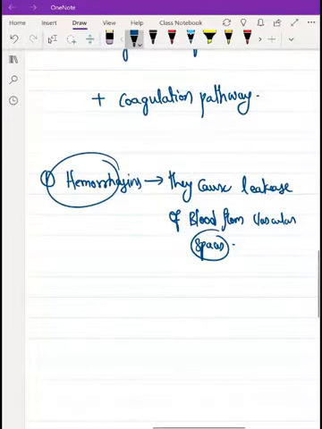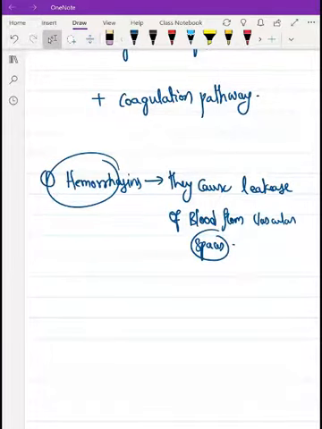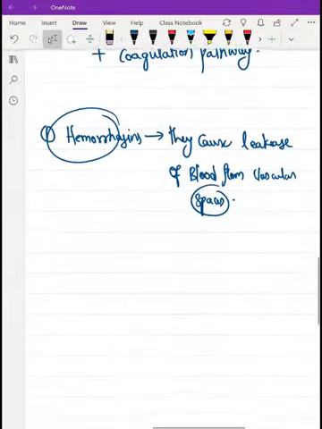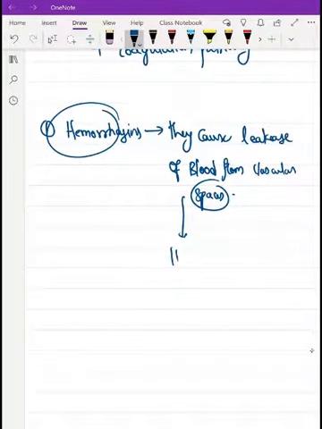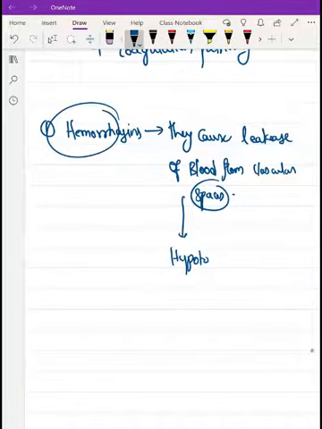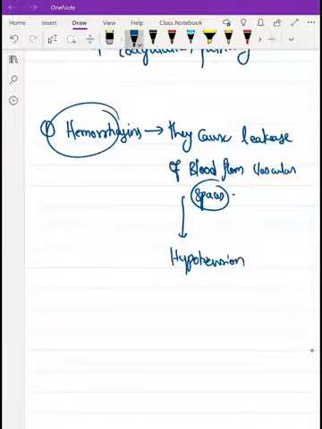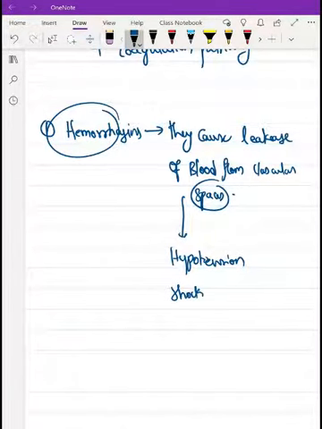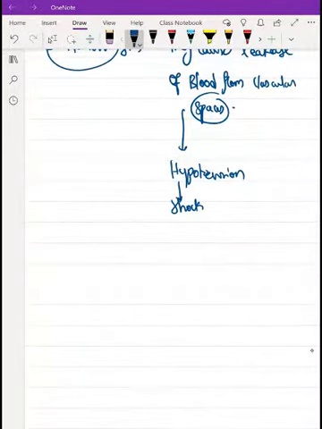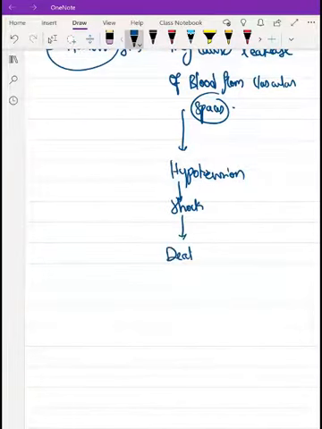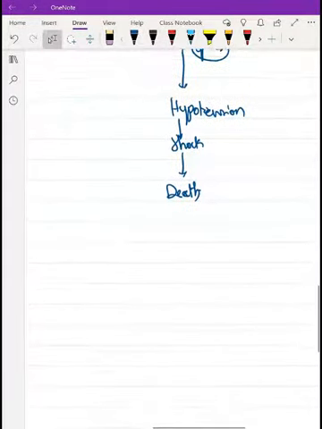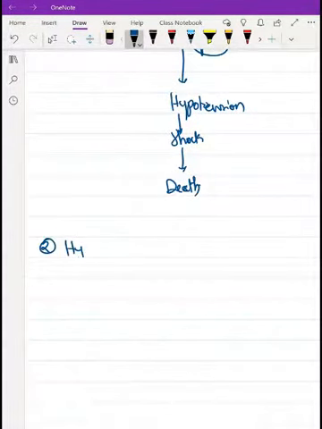They cause leakage of blood from vascular spaces into tissues, leading to hypotension, shock, and death. Often death.